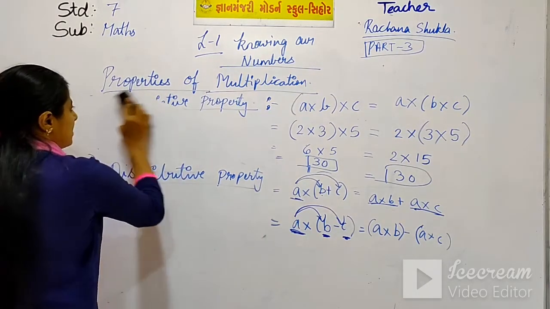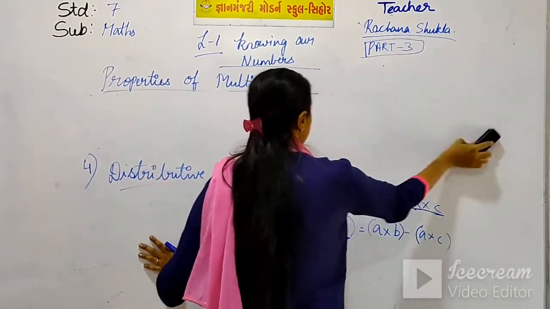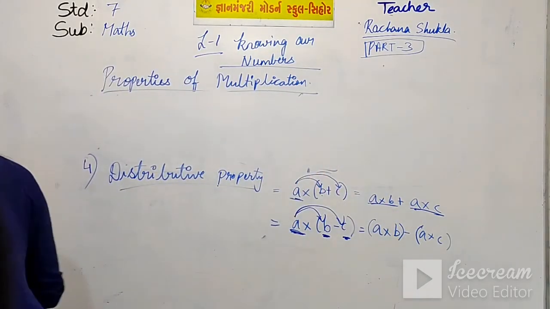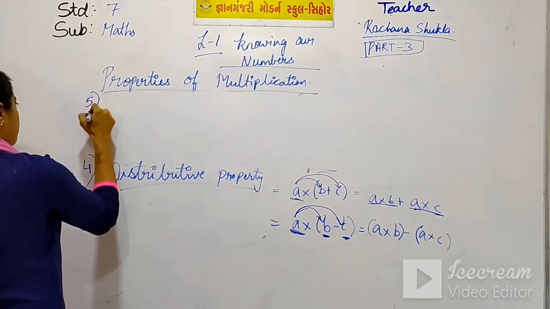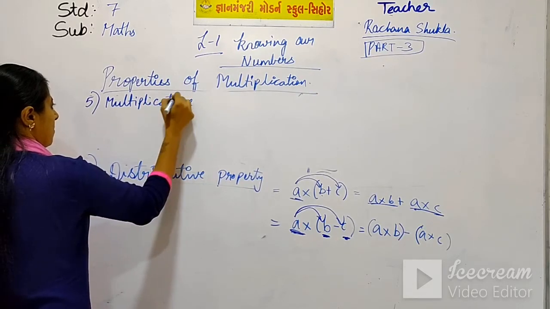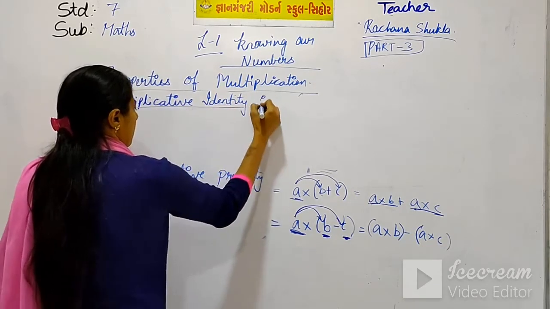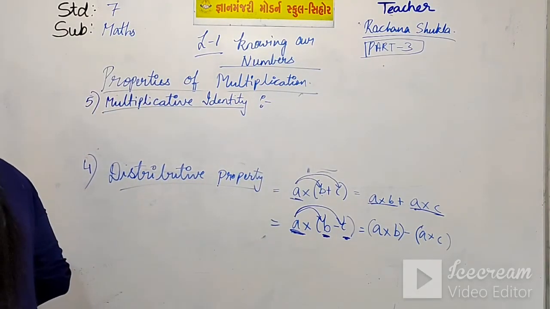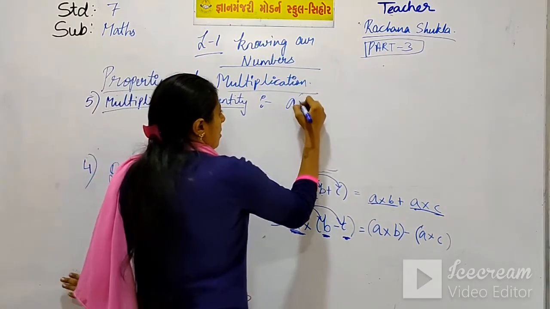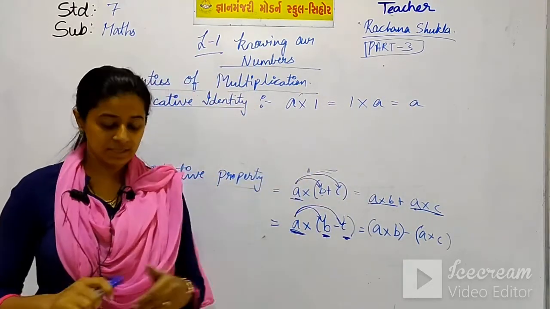The next property is multiplicative identity. A into 1 is equal to 1 into A is equal to A. What does it mean?